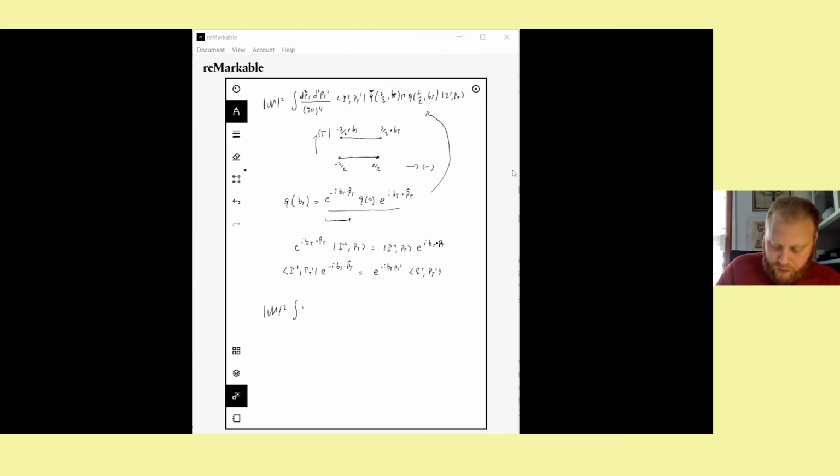So you end up with the norm squared, then the integral over pt and pt prime, 2 pi to the 4th, then e to the i bt times pt minus pt prime. I should get the correct factors, whatever. So here you have p plus pt prime, q bar of minus z over 2, gamma, q of z over 2, p plus pt.